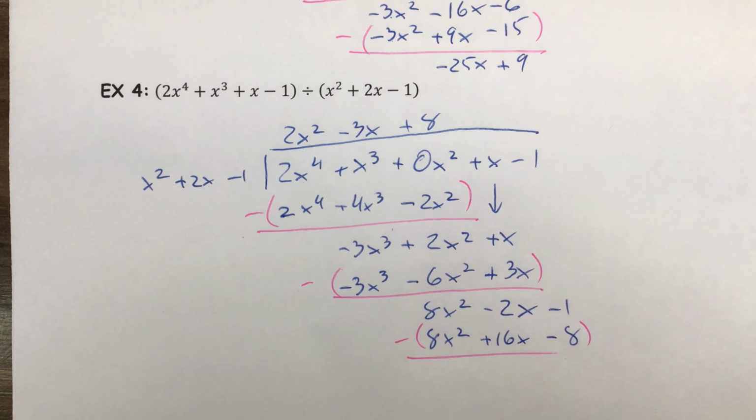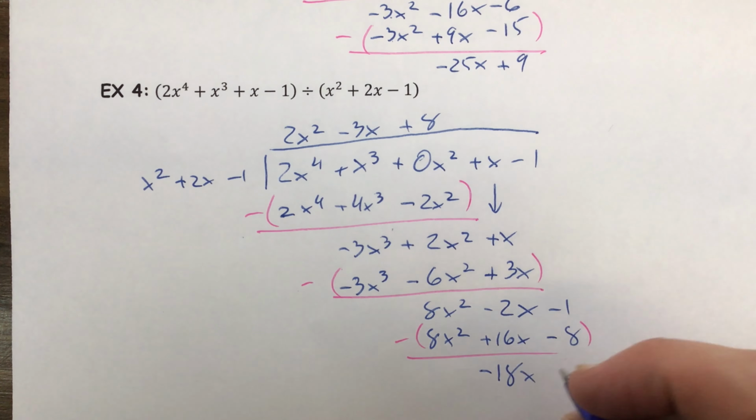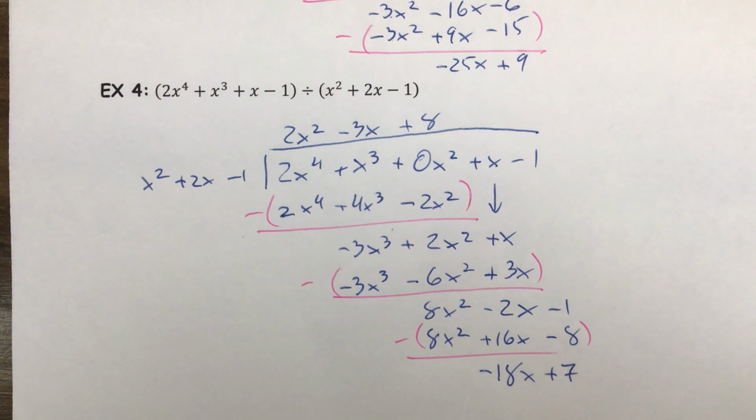Parentheses, subtract, break it up. Cancels, distributes. We get negative 16 with negative 2, which is negative 18x. Distribute, you get positive 8 minus 1 gives you 7. That'll be our remainder.